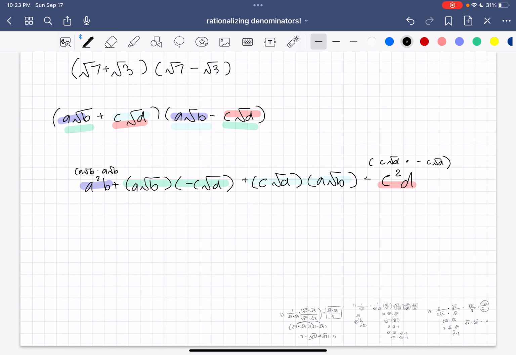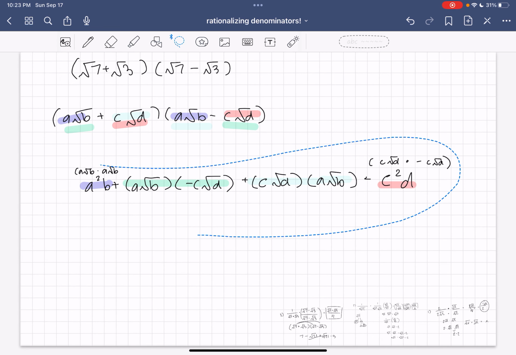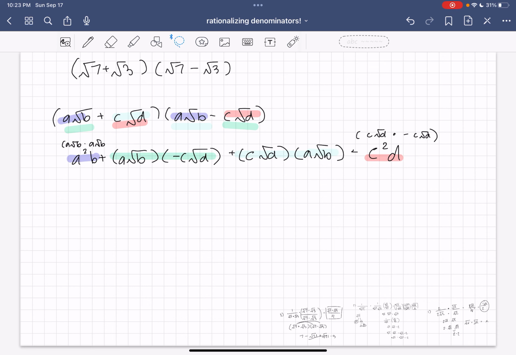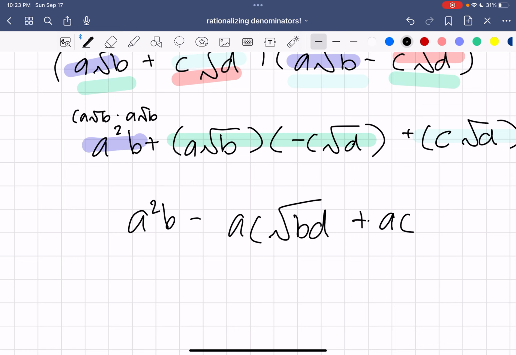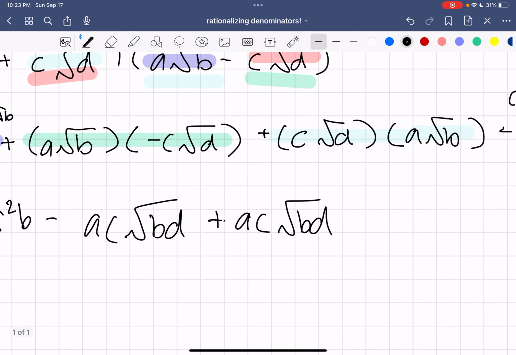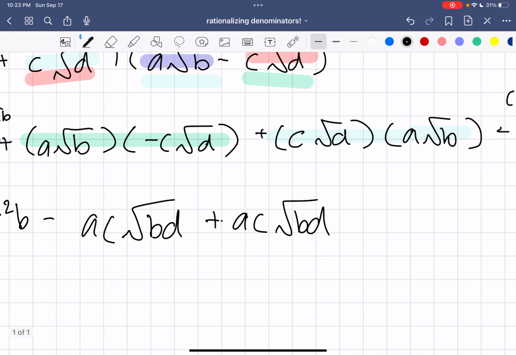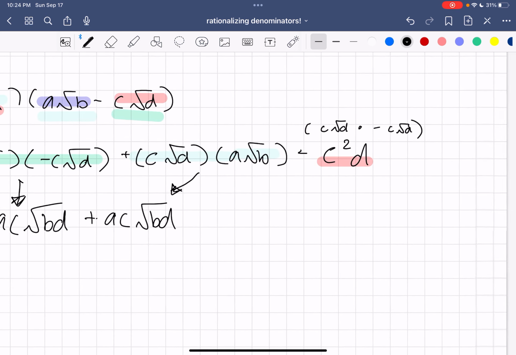I don't know if you guys understand that, but yeah. And then now we have A squared B minus AC times square root of BD plus AC times square root of BD. So these are just those thingies.